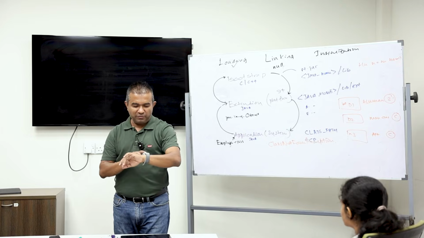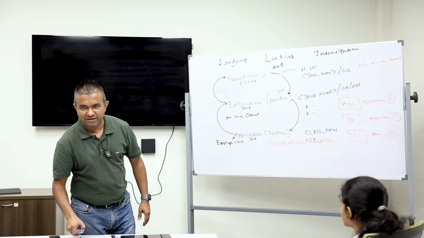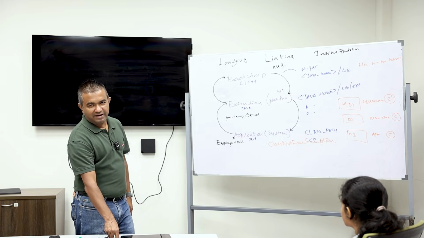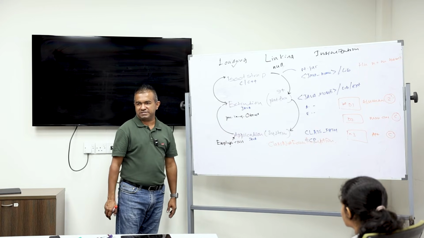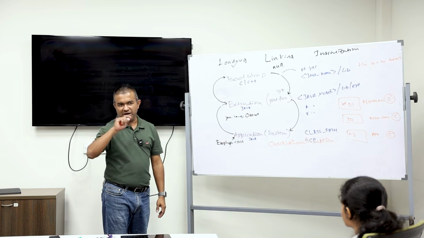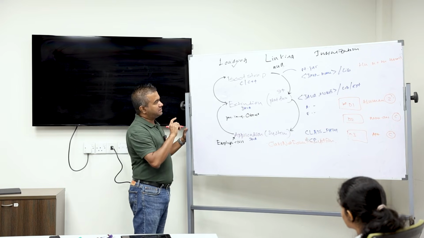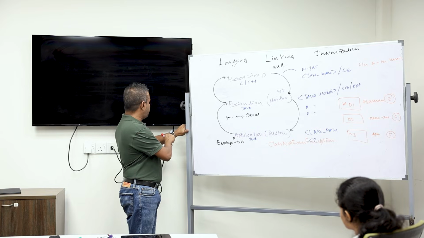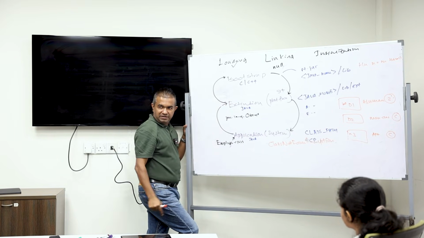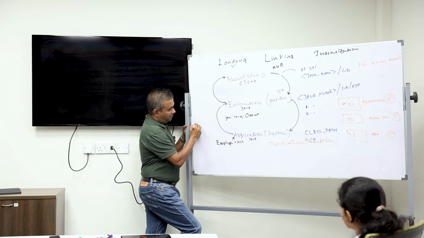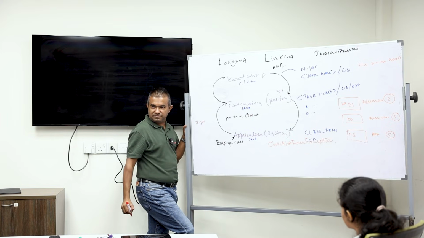Now I said I'm going to change this. Always, that request comes to the application class loader. Why? Let's say you need to load something like rt.jar, which is a core class.